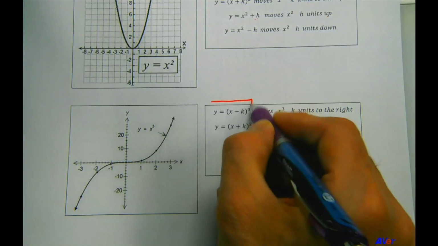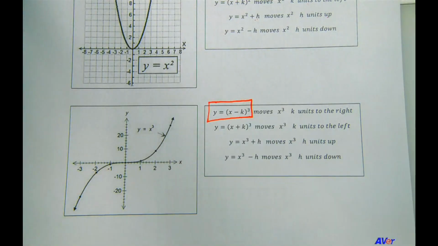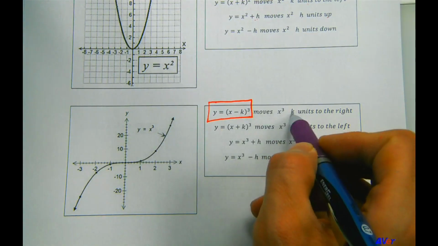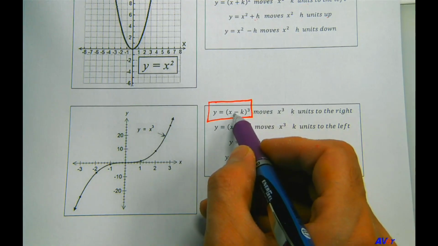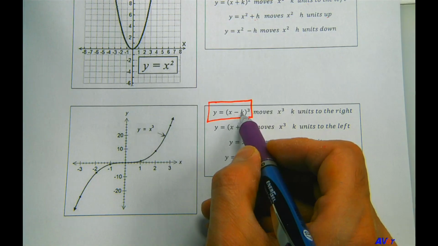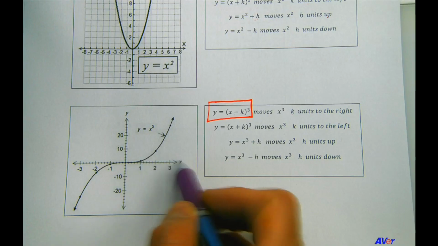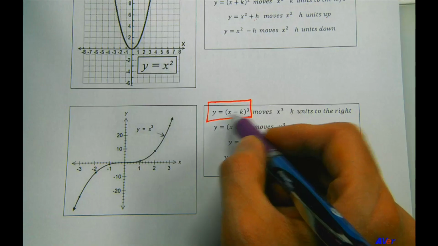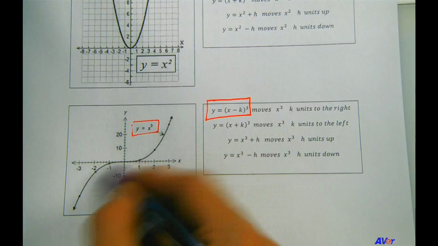The cubic function, once again, this is the general cubic function, x minus k cubed. Now this function moves x cubed k units to the right, because this algebraic sign staying negative means k must have been positive, so movement occurs horizontally towards the positive x values. And of course, if k is 0, then this will be x cubed, which is the function you see here, which represents this graph.